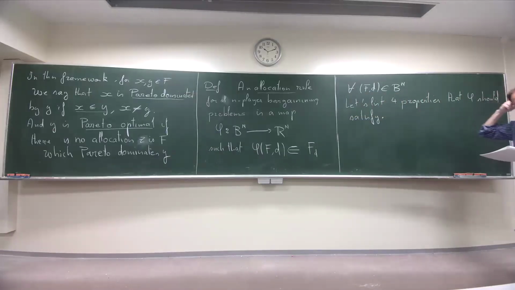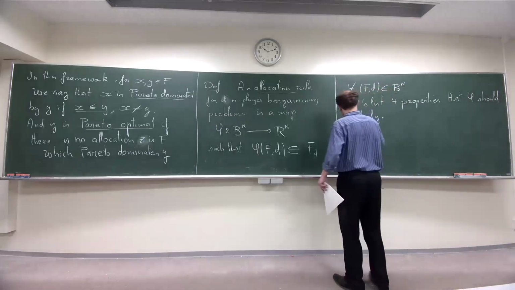It will take some time, but I'm going to list 4 properties, and then the final statement will be, under these 4 conditions, there exists only one phi which associates to any bargaining problem a solution.